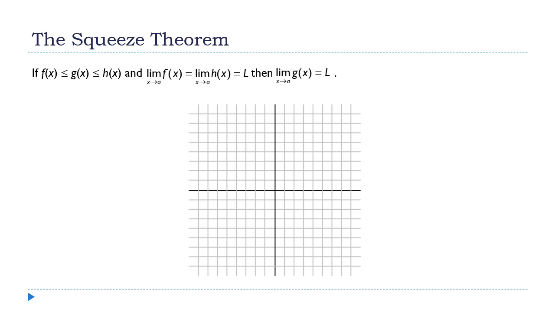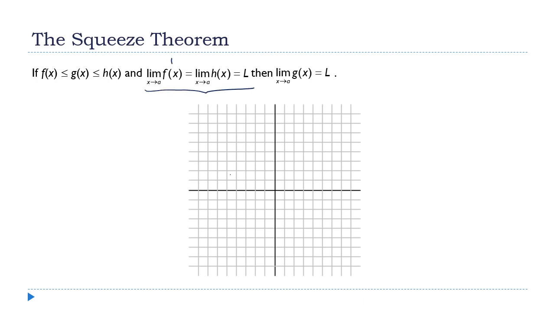So here's what it's saying. I have these three functions, f, g, and h. And I know they're kind of stacked, right? f is on top, g is in the middle, and h is on the bottom. And they're always that way. They're never going to cross each other. Okay. And I have this one special piece here.